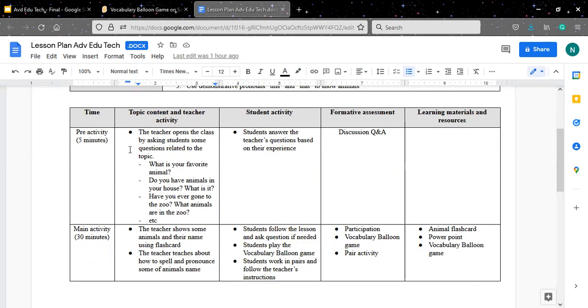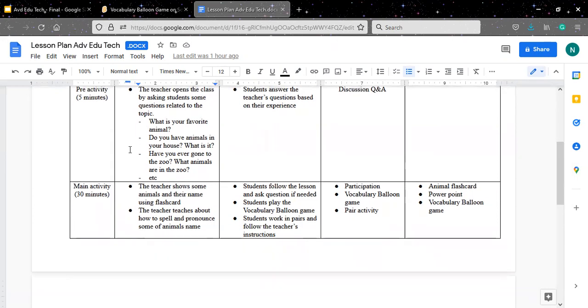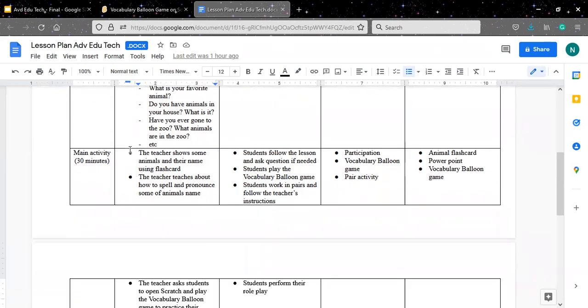The questions can be like, what is your favorite animal? Or, do you have an animal in your house? And then the teacher will show some animals and their names using flashcards, and along with it, can also teach the spelling and the pronunciation of the animal names.